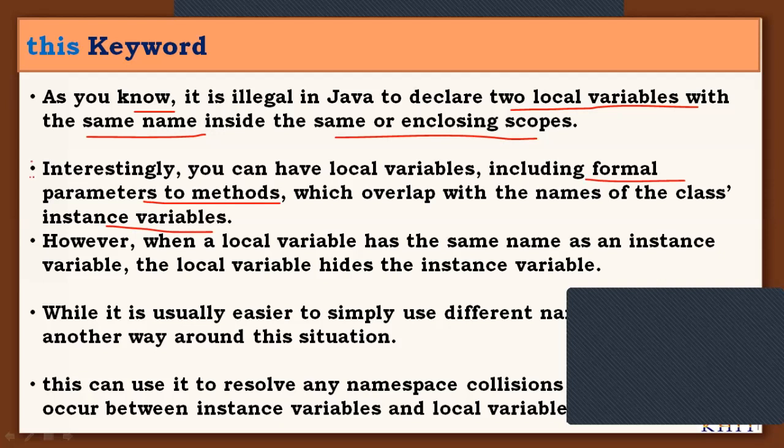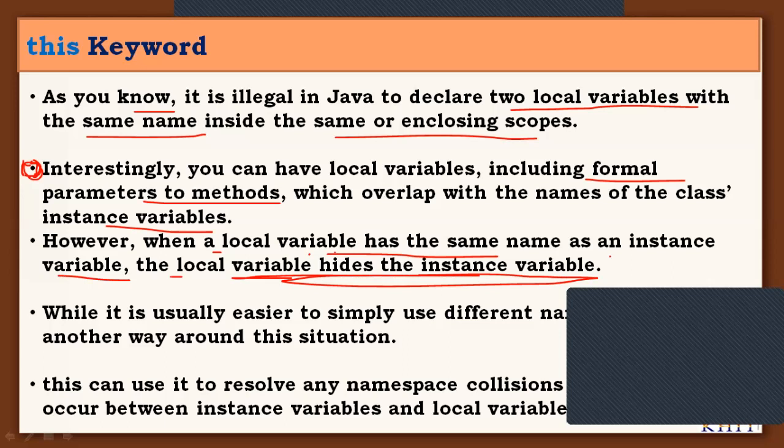Sometimes formal parameters are used at the time of function definition. However, when a local variable has the same name as an instance variable of the class, the local variable hides the instance variable. This is the problem here.